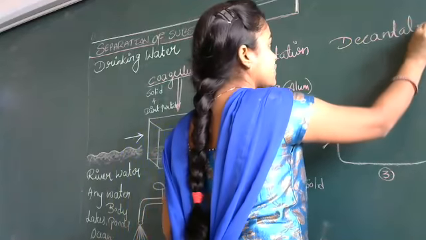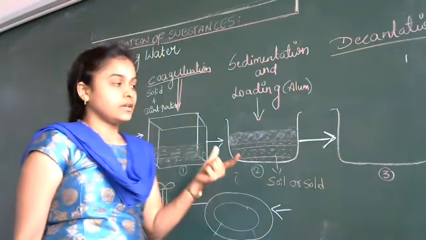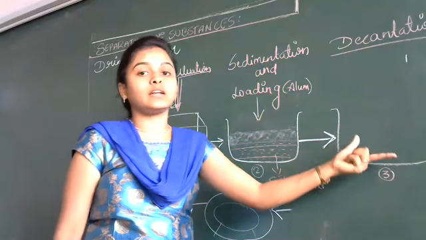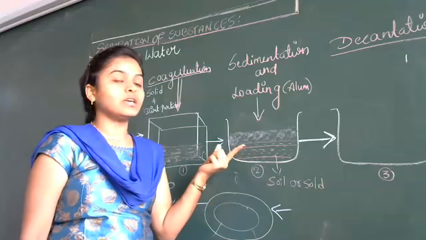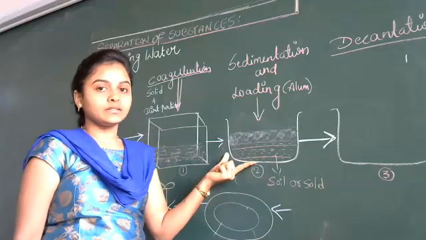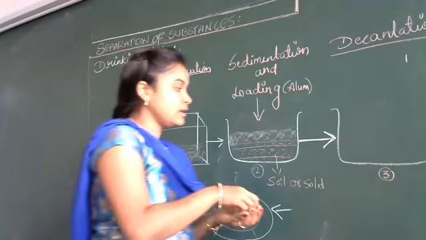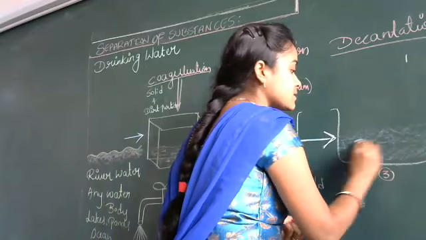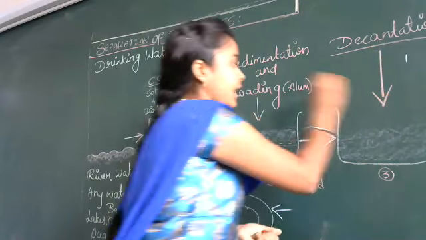What is meant by decantation? Decantation means this water is taken into the next container without disturbing the solid or soil particles present in the second tanker. Now here we got decanted water in this third tank.